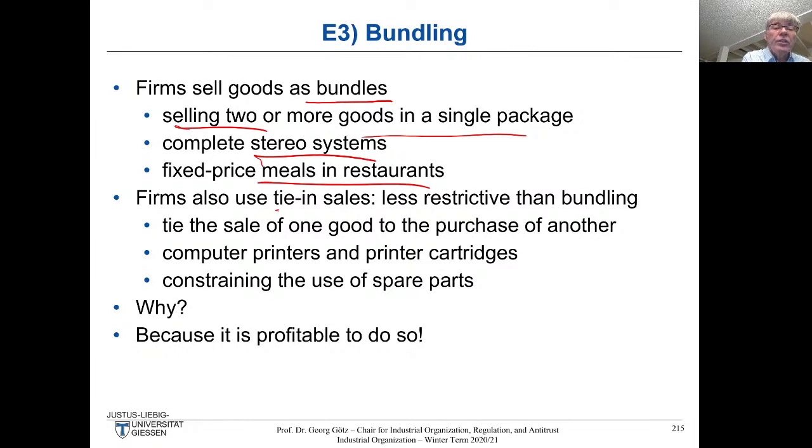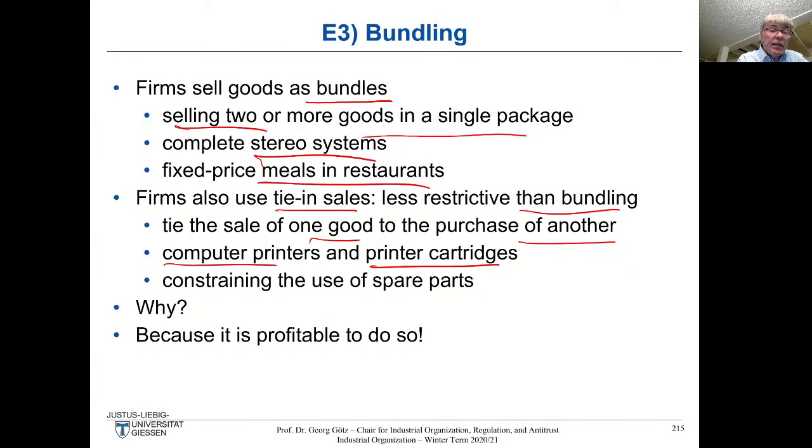Another interesting point here is what is called tie-in sales, which we will briefly discuss at the end of this topic of bundling. This is less restrictive than bundling. It just means that you tie the sale of one good to the purchase of another. Think of the example we already discussed with two-part tariffs, the computer printer: if you have a Hewlett Packard laser printer, you could for a long time only use Hewlett Packard printer cartridges.